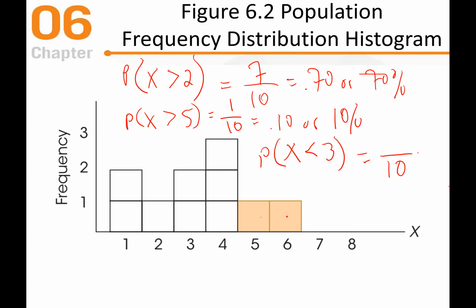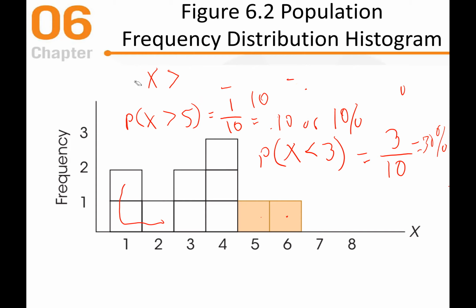How many of those outcomes are less than 3? So there's 1, 2, 3. So that would be 3 out of 10, or 30%. All right, 30%. And so that's how you would do those probability questions.